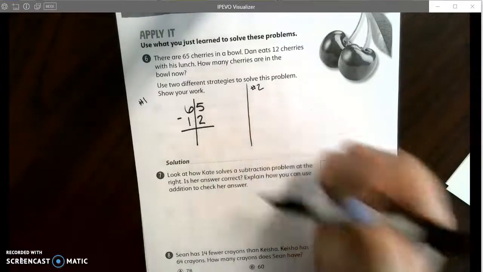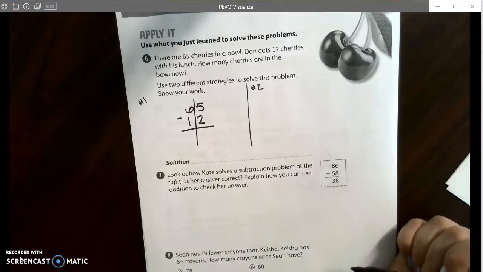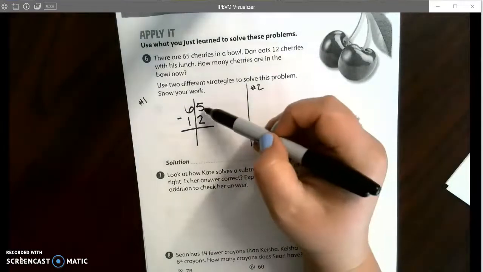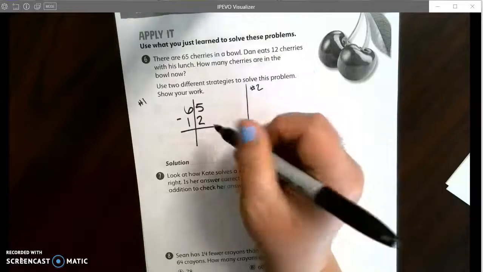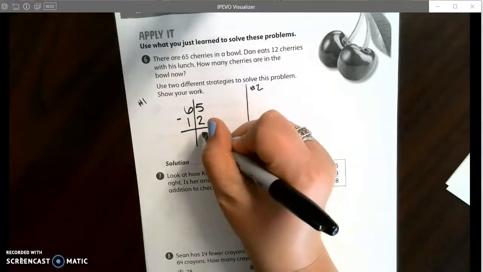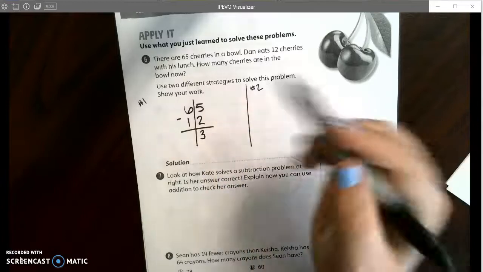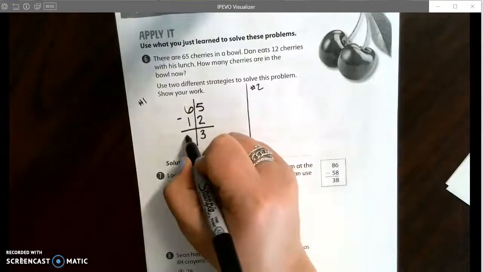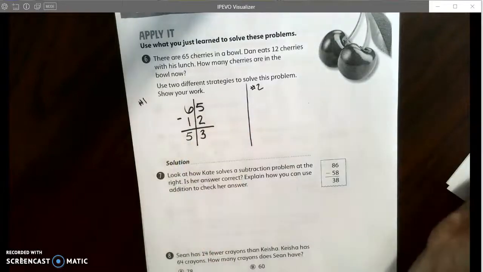So 5 minus 2, do I have enough cookies to give one to each of my friends? Yes, so I don't need to go to the store. I have 5, I take 2 of my cookies away. I now have 3 cookies left. And then the 6 minus 1 is 5.